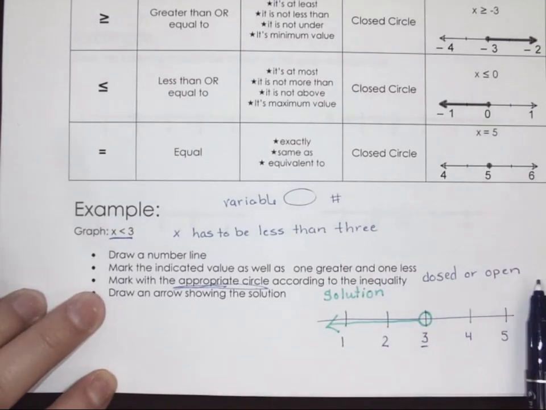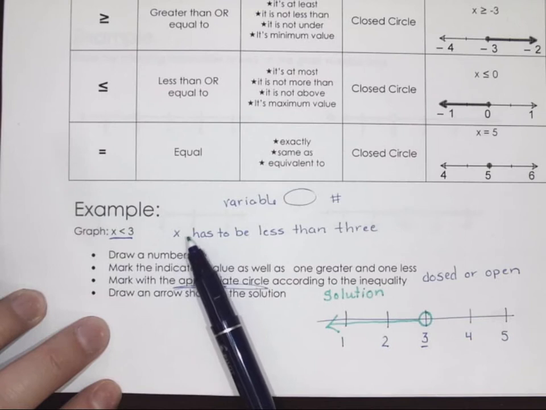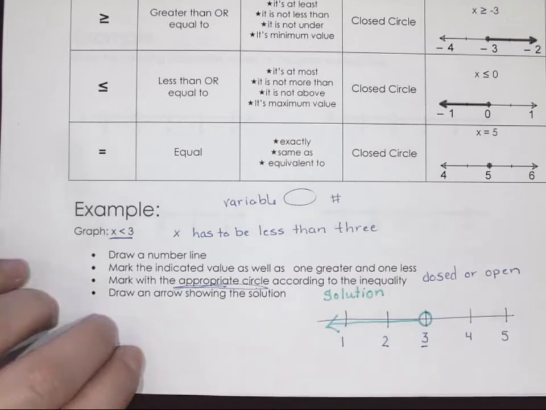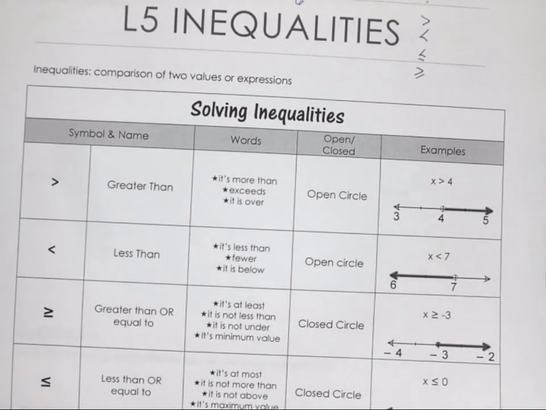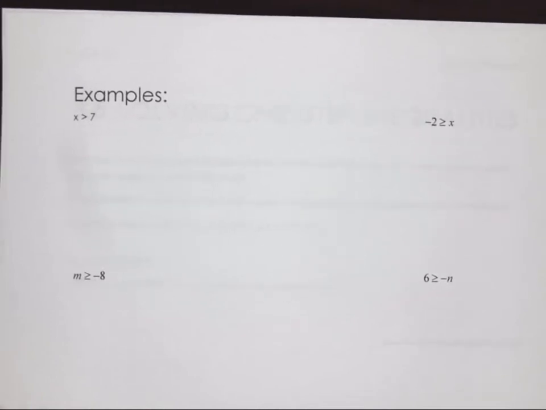And then I put my arrow in whatever direction is the inequality. So x has to be less than. So all the values of x have to be less than. They can be anything that's below 3. Inequalities I find people struggle with at first, but then you get good at them and it's no big deal. Okay, so let's do a few more.